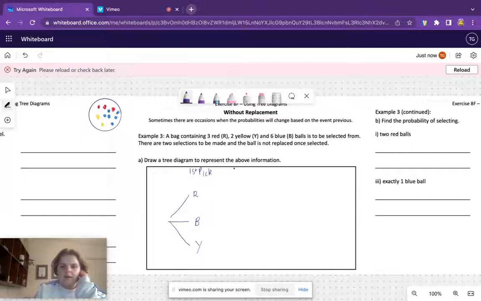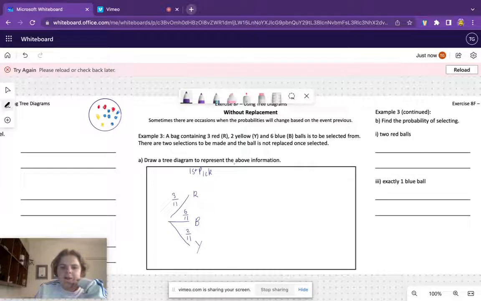And now let's figure out our chances. We've got 1, 2, 3, 4, 5, 6, 7, 8, 9, 10, 11. We've got 11 marbles in total here. So we've got a 3 out of 11 chance of getting a red one, a 6 out of 11 of getting blue, and a 2 out of 11 of getting a yellow.